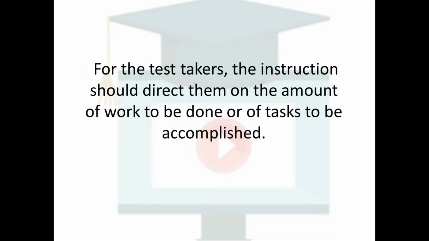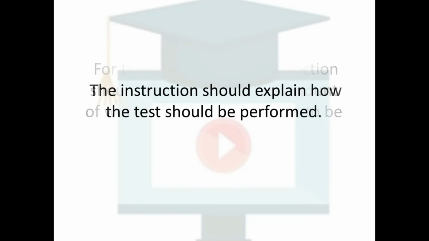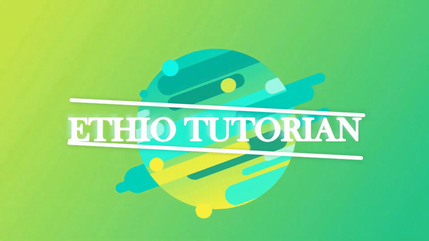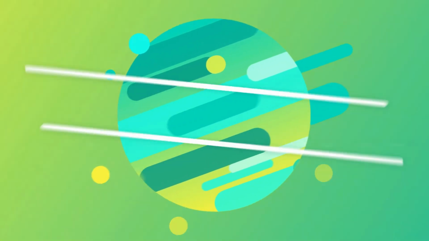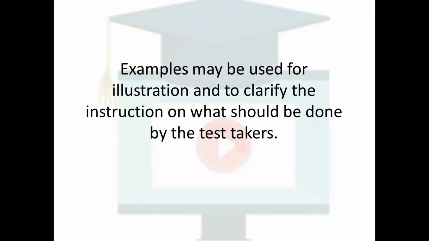For the test takers, the instruction should direct them on the amount of work to be done, or of tasks to be accomplished. The instruction should explain how the test should be performed. Examples may be used for illustration and to clarify the instruction on what should be done by the test takers.